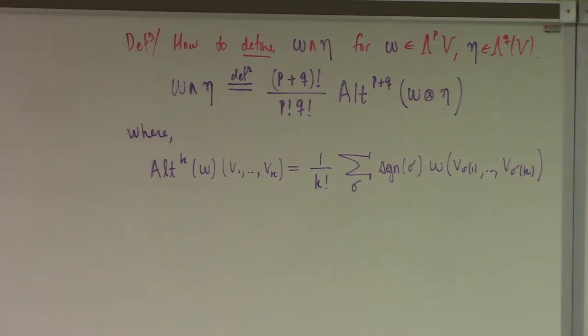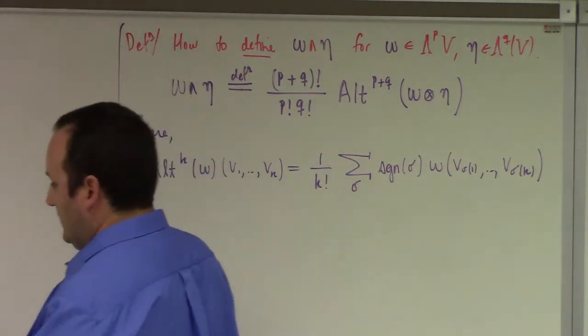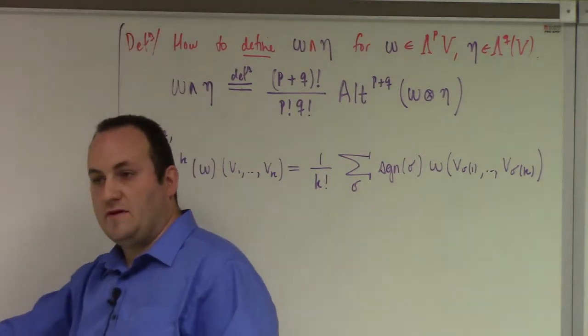It takes you from type 0k tensors to alternating type 0k tensors. So basically it takes in your favorite k tensor and it anti-symmetrizes it. So this is the definition given in Lee, which will produce these properties.